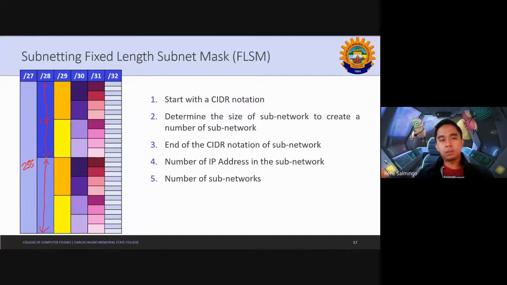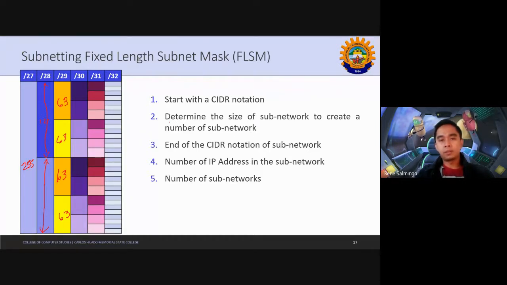This would be 64, or say 63. This is 63, 63, and 63. And if you divide 63 by 2, you have 32, 32, 32, and until you have here 16, 16, and then 4, 4, 4, 4.